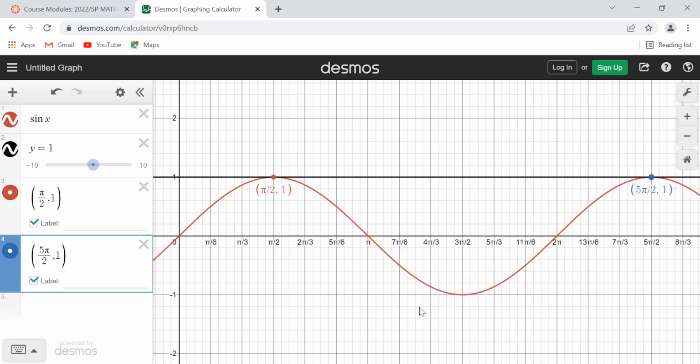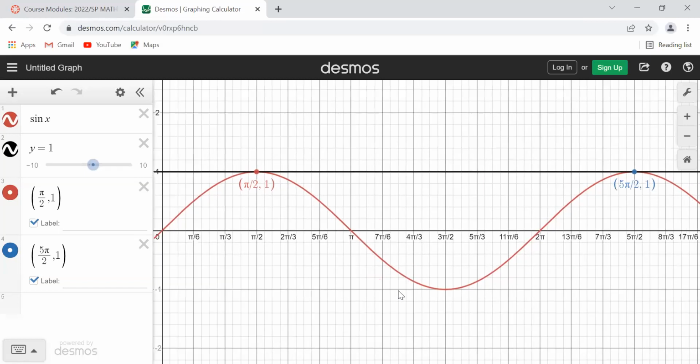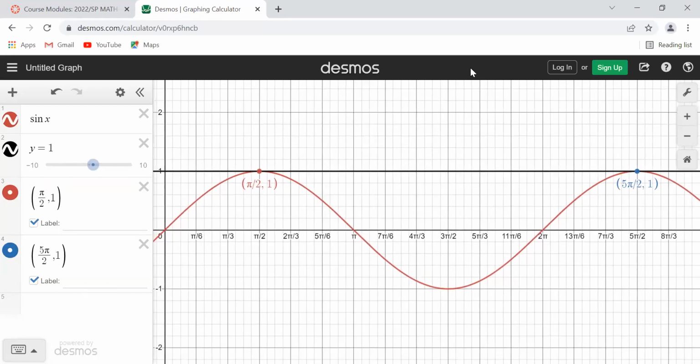When we mark these two points, we know their meaning: the input is pi over 2 and the output for that point is 1.